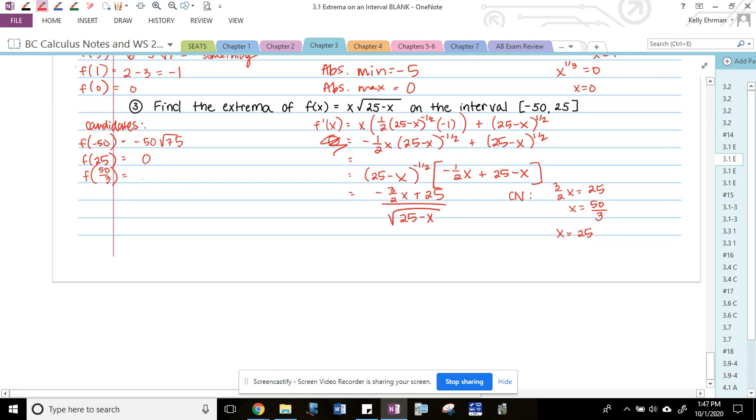And at 50 over 3, you get 50 over 3 times the square root of, when you do the subtraction, 25 over 3. I don't have to worry about simplifying these because the lowest point is the only negative. So here's the absolute min, negative 50 radical 75, and the absolute max is the only positive value.